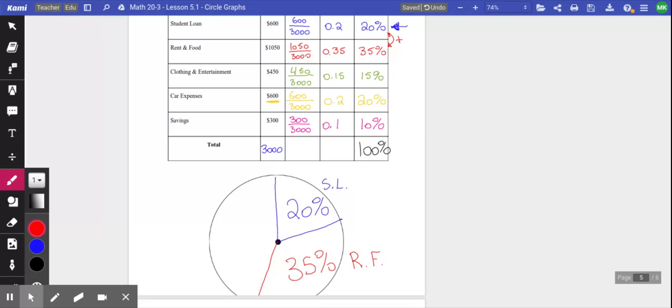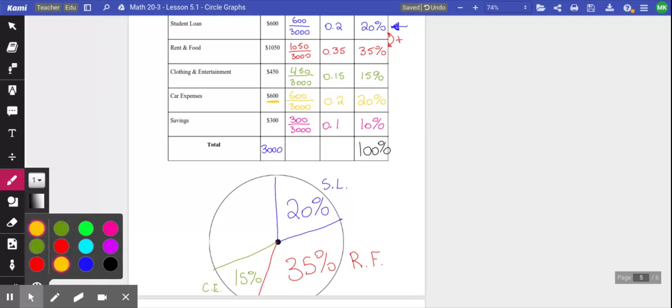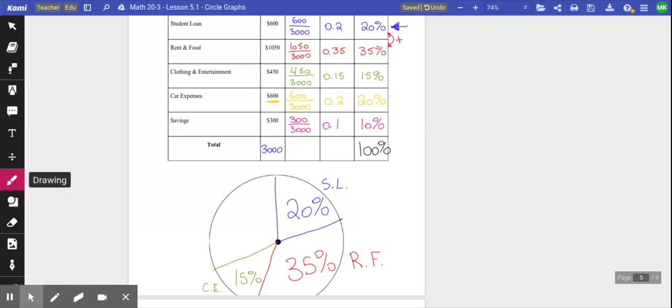I then have clothing. My clothing is 15%. So if I'm just trying to estimate, 15% should be a smaller section than my 20% up there. So I'm going to guess it's about there for 15%. And that's for my clothing and entertainment. I then have a car that's 20% of my budget, so that should be bigger than my 15.